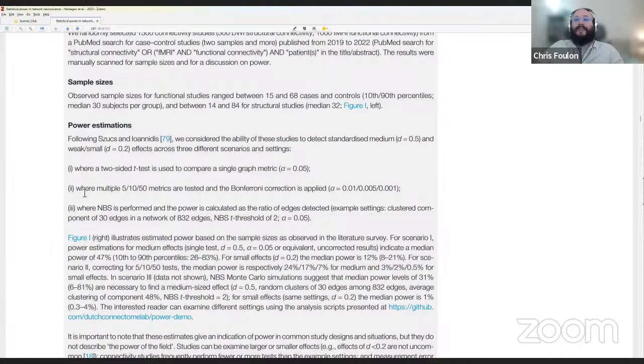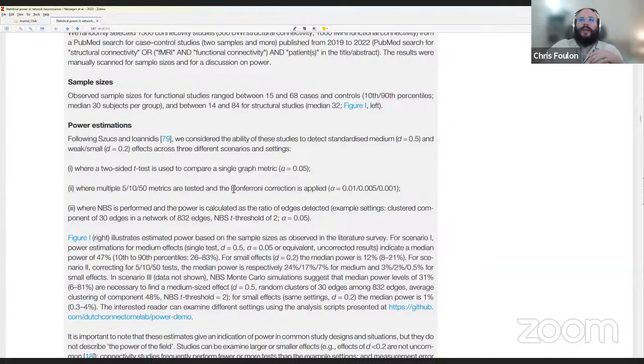But then for the other types of analysis, you can see that the statistical power of the studies is going down very quickly, depending on the number of metrics that are compared. Because of course, when you use multiple metrics, you have to correct for multiple comparisons.